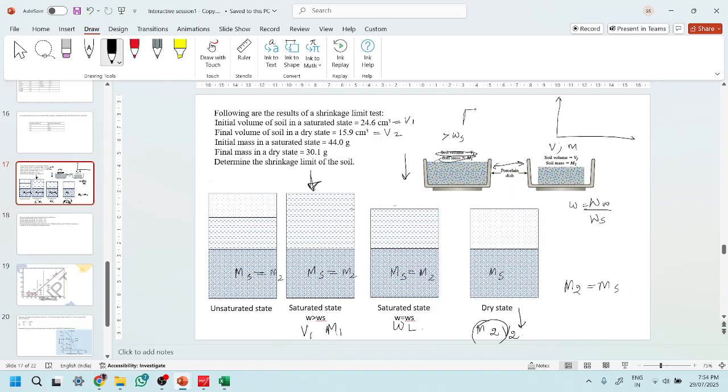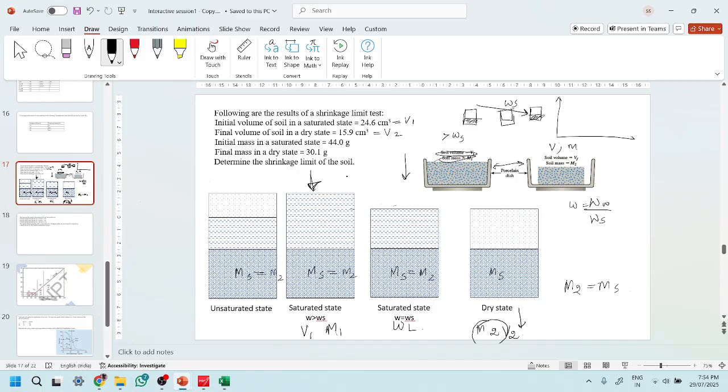Now what we will try to do is we will assume that the mass and volume of solids is fixed, and we will try to interpolate the shrinkage limit from these two states.